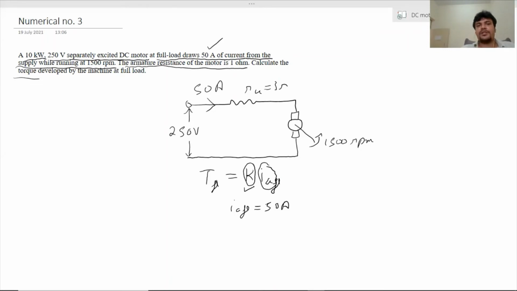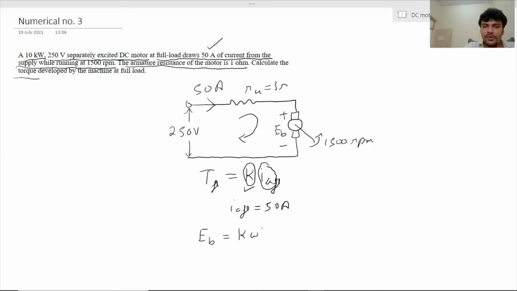So we can calculate this K just by using the KVL equation in this circuit, considering EB is the EMF induced across the armature. So we will calculate EB. EB we know that it is equal to K times omega.